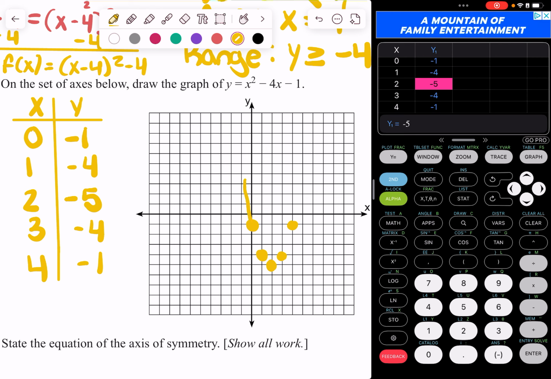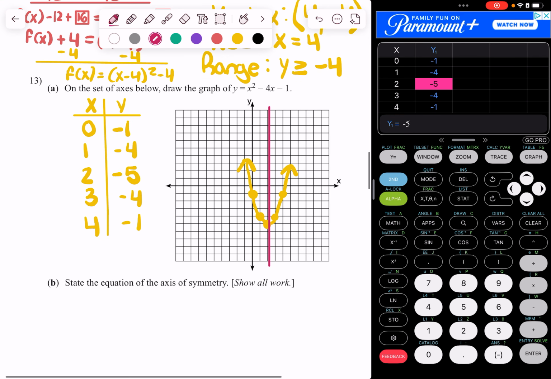Now I'm going to connect these points. I'm going to put arrows, and this is my parabola. The question asks, what is the axis of symmetry, meaning what is the line that goes through the middle? It will always be x equals, and in this case, it's x equals 2. You could also just look for your vertex, which is your point that doesn't repeat, and look at the x number in that point, which is x equals 2.